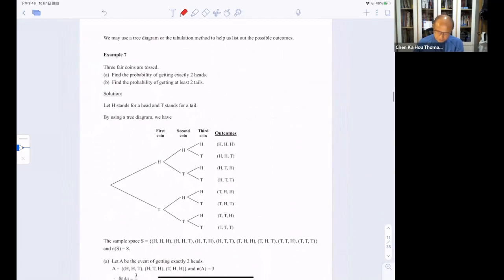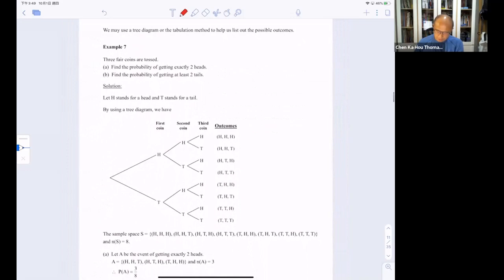Now, on solving probability problems, sometimes you may find the tree diagram technique useful. Three fair coins are tossed. Find the probability of getting exactly 2 heads.